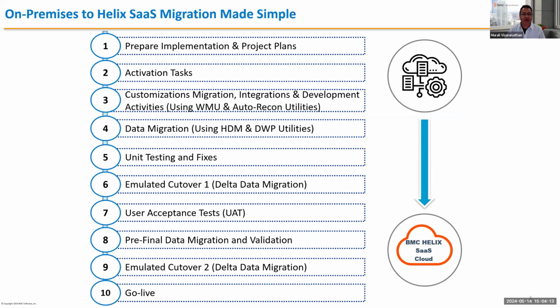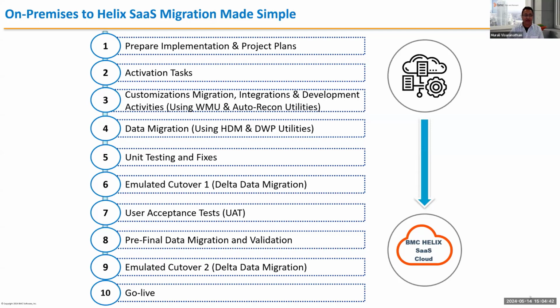We'll cover how to prepare and plan for your migration, and then we'll talk about the activation tasks which happen in SaaS, what your role is, and how things will get done. We'll also cover how you can migrate your customizations into the SaaS cloud environments, and look at your integrations and how to optimize them, which ones can come as is and which ones need some work.